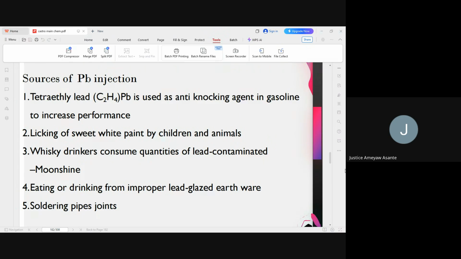Then soldering pipe joints. Because it's a metal, we use solder to join it. So it may contain some amount of lead. And this is how human beings or animals ingest lead into their system.